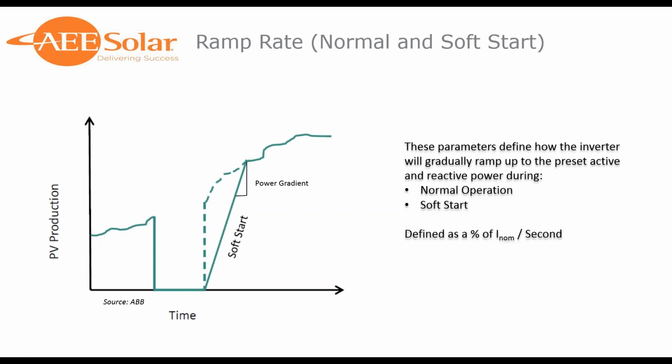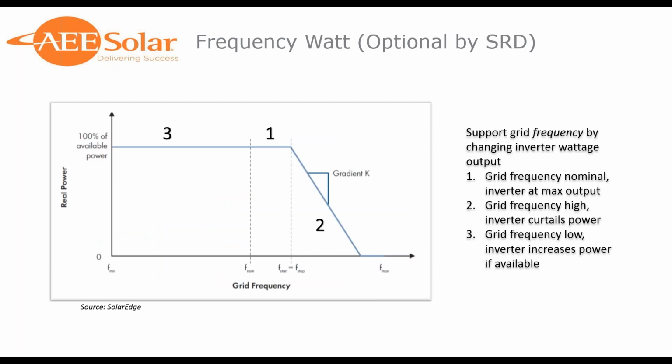Now we're going to get into one of the optional operating modes that, while we haven't seen it adopted yet, I'm sure is not far off. So, frequency watt. This is actively supporting grid frequency by changing wattage output. We see here on the x-axis frequency.